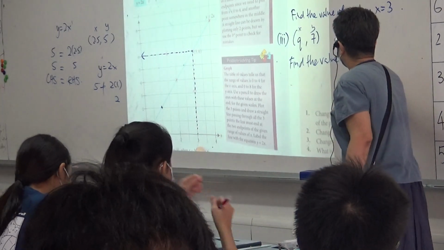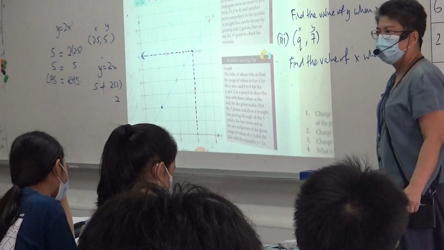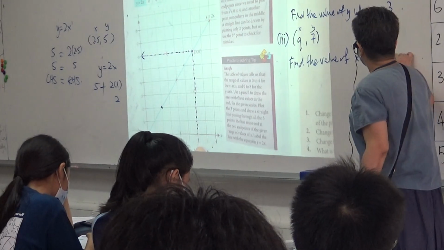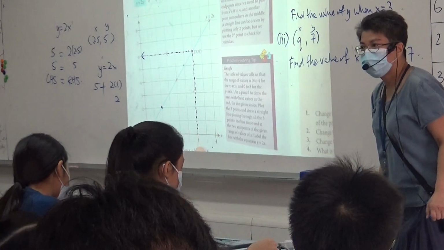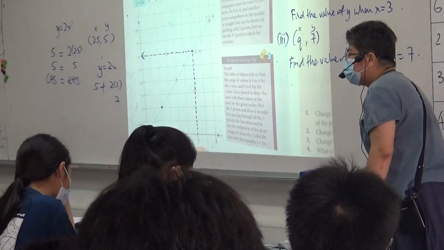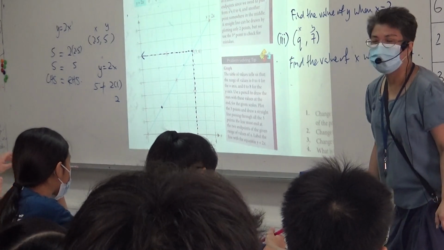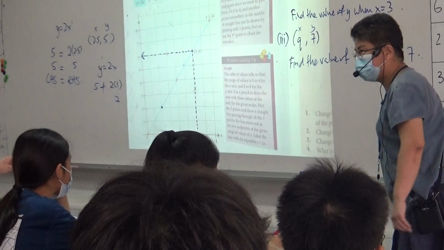X value, right? When what? How do I translate into this one? When what? When y is what? 7, right? Can you see it's equivalent? I'm talking to you. Can you see the same way of asking? It's a different way of asking the same question.